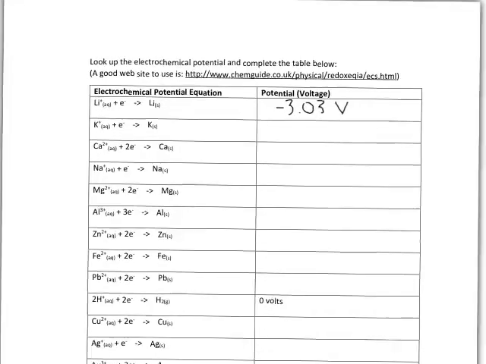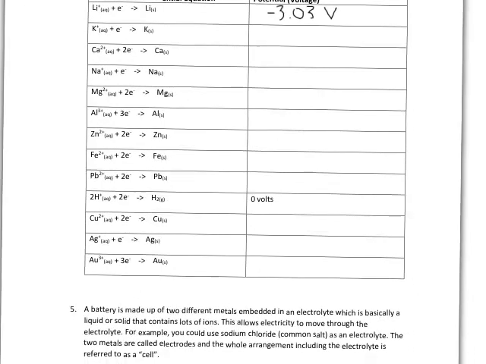If we go further down, at the very bottom we've got gold, which is plus 1.5 volts, and above it silver, which is plus 0.8 volts. So compared with lithium, silver isn't as fussed about giving its electron away.